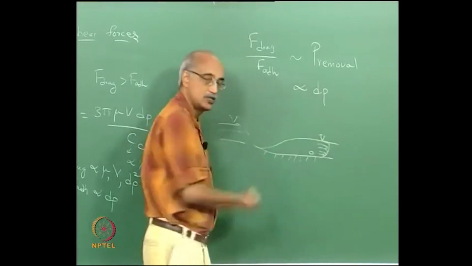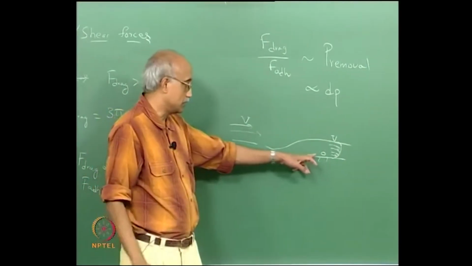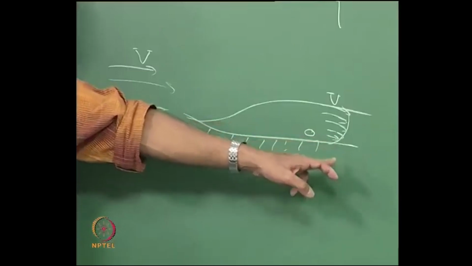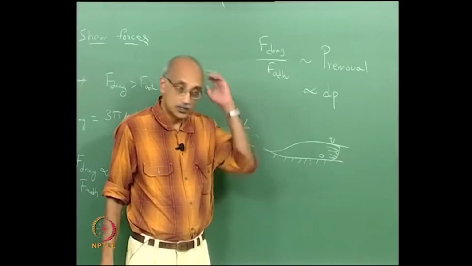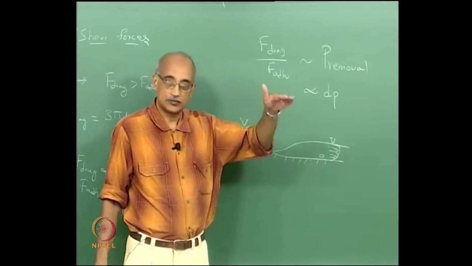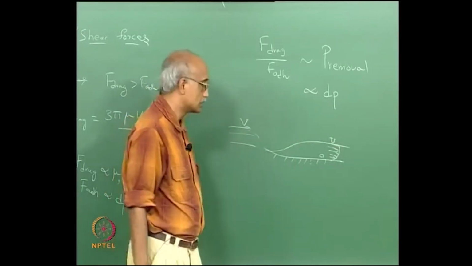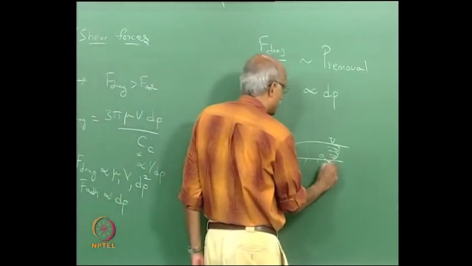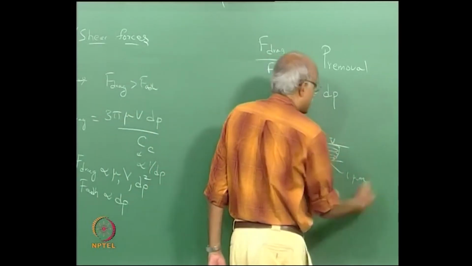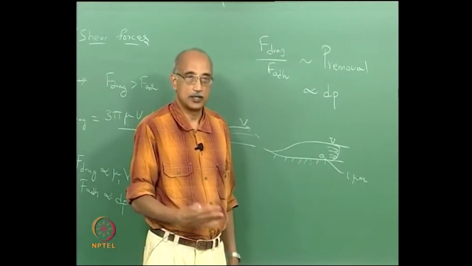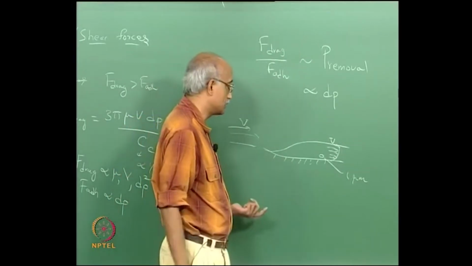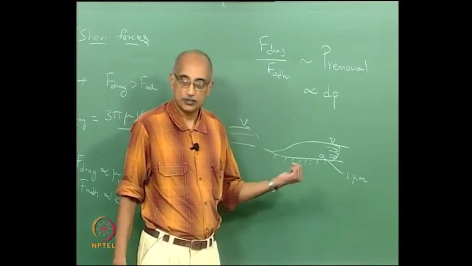V now is the mainstream velocity, but the particle is going to experience a velocity that is much smaller, maybe only 10% of the velocity that is achieved at the edge of the boundary layer. So very fine particles like in the 1 micron size range tend to hide in the boundary layer. So drag cleaning is virtually ineffective for such particles.